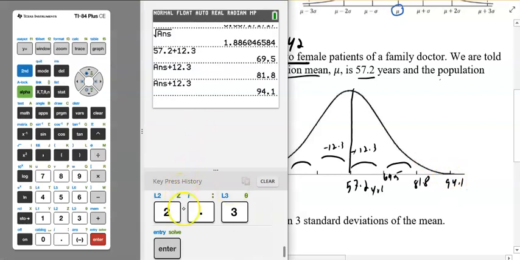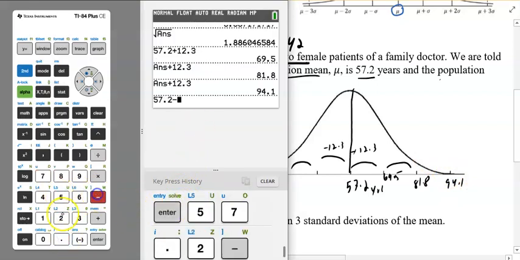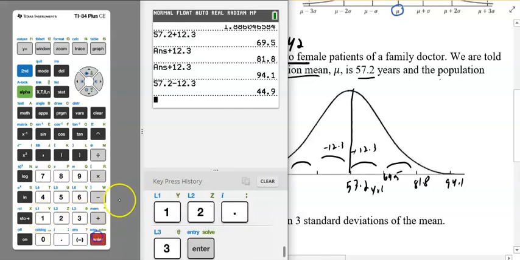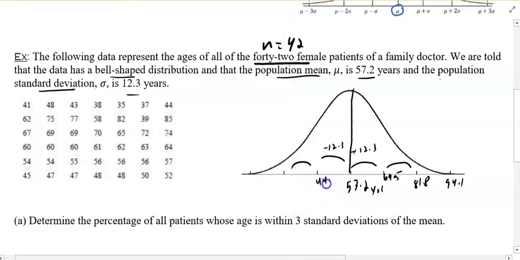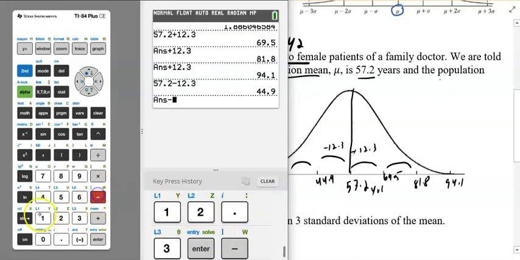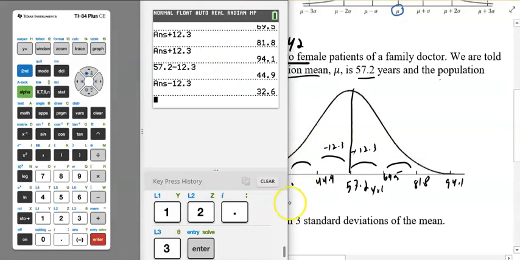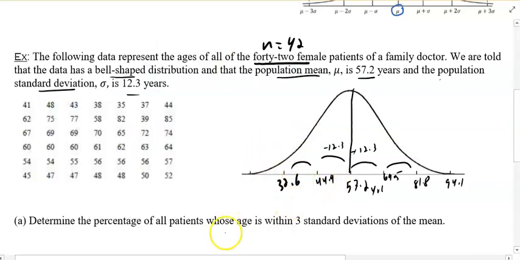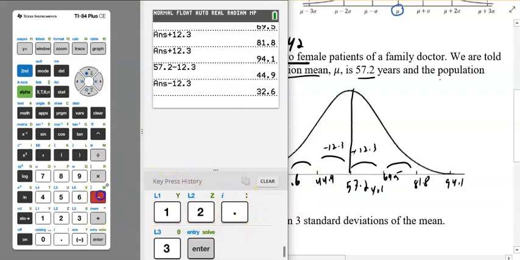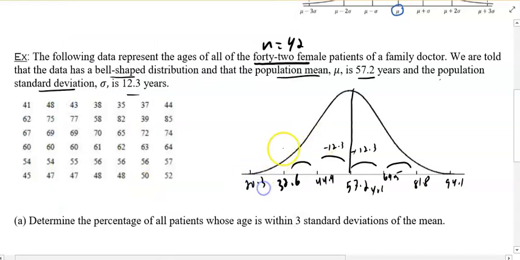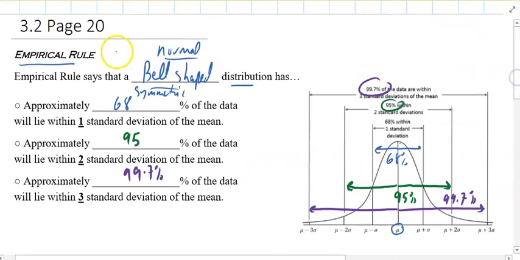If you subtract the standard deviation, if you take 57.2 minus 12.3, 44.9. Subtract another standard deviation, 32.6. That's correct. And if you subtract another standard deviation, 20.3.